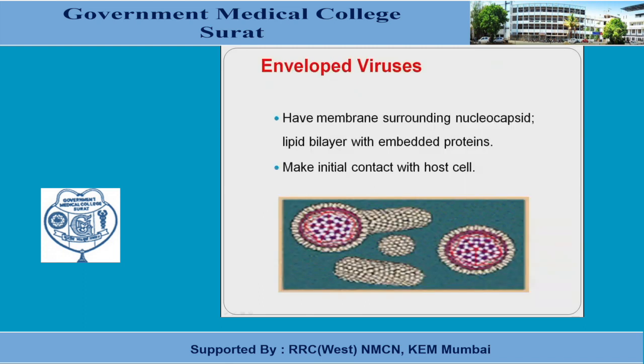Now we discuss the enveloped virus, which, as I also told you, has a membrane surrounding the nucleocapsid. We can see over here the brown color; these are the membrane, right? Inside is the nucleocapsid, right? So these are the enveloped viruses. It's a lipid bilayer with embedded proteins on the spikes, which make initial contact with the host cell.